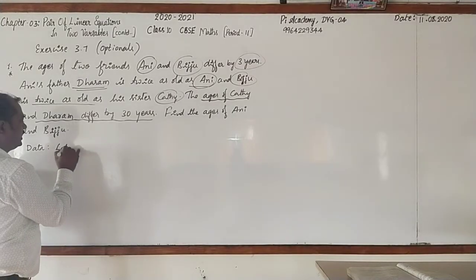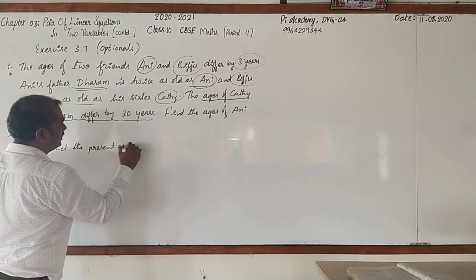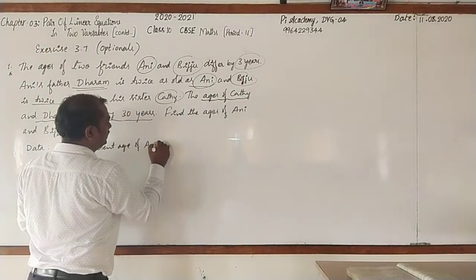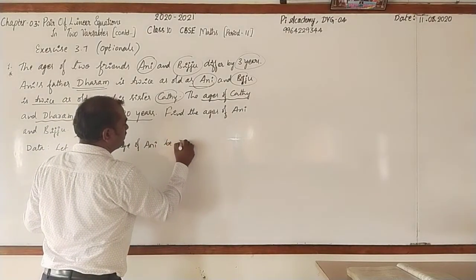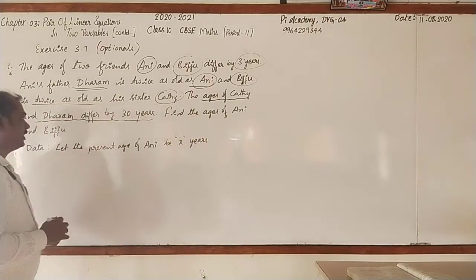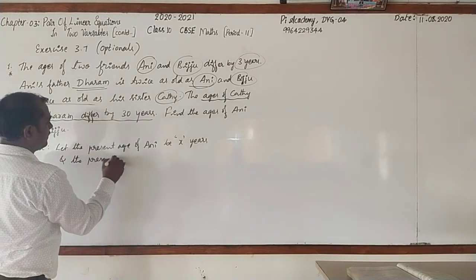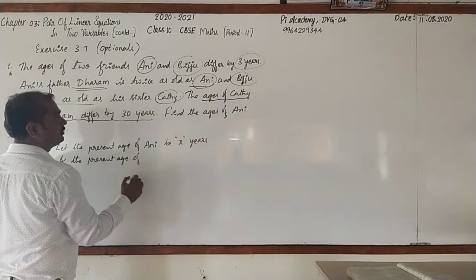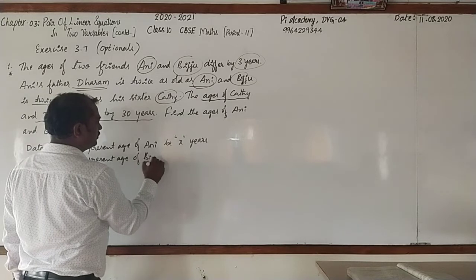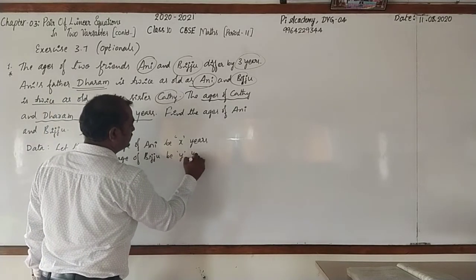So let the present age of Ani be x years, and the present age of Biju be y years.